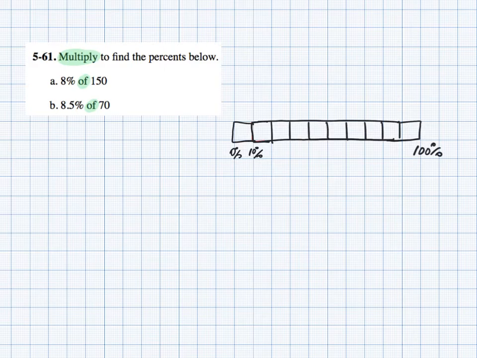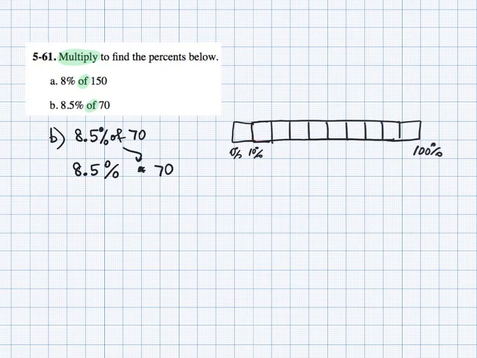Okay, let's start letter B together, and it says 8.5, or 8 and 5/10, percent of 70. That's percent, so that means something, right? When I talk about 8.5% of a number, we said the "of" means we're going to multiply, with a little dot or little x, and then of 70, so we multiply.